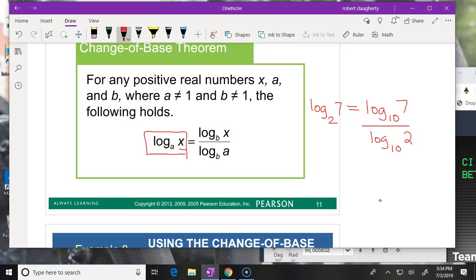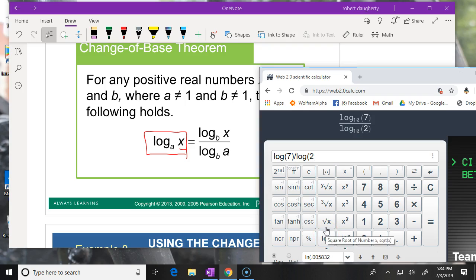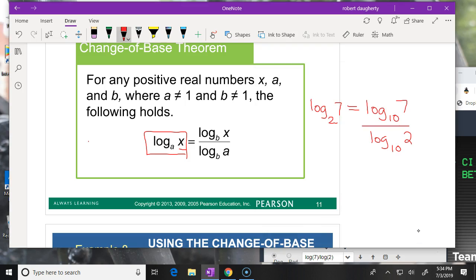And that would give me this expression. So then I would use my calculator to figure out what is the log 10 of 7 divided by the log 10 of 2. So it's the log of 7 divided by the log of 2, about 2.8.